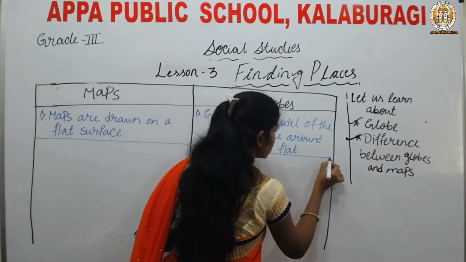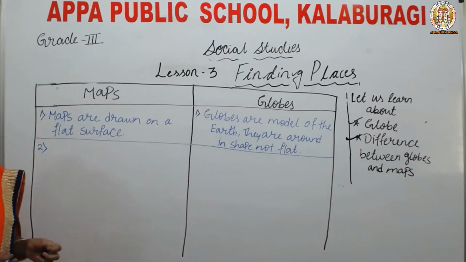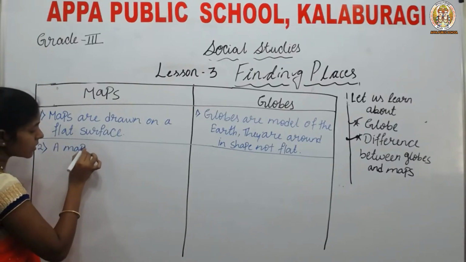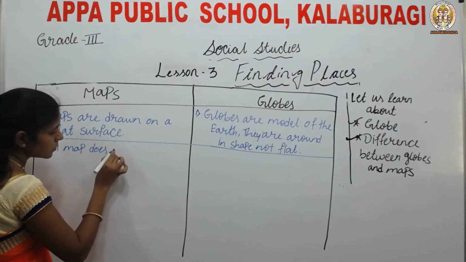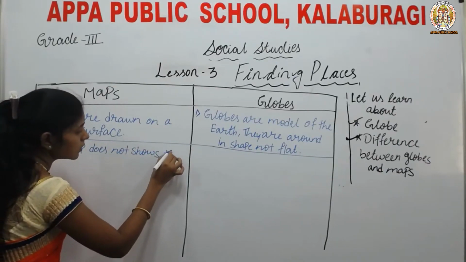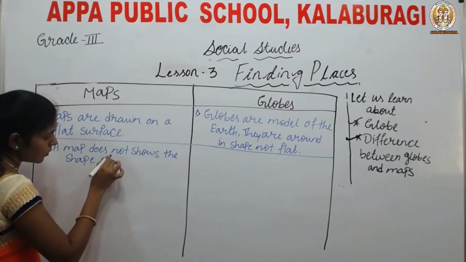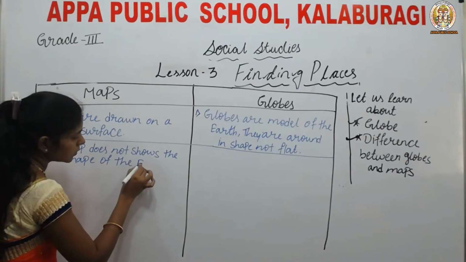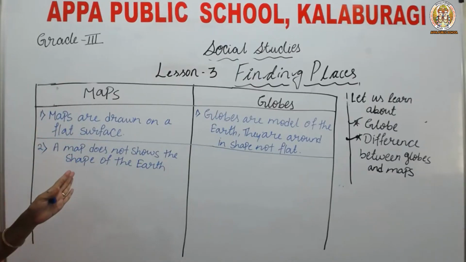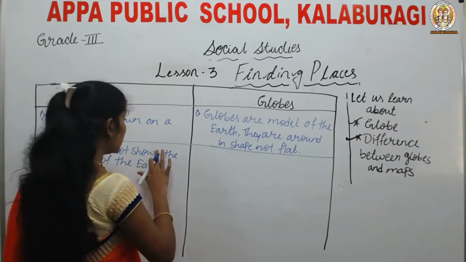Next point. See, what is the next point? A map does not show the shape of the earth.